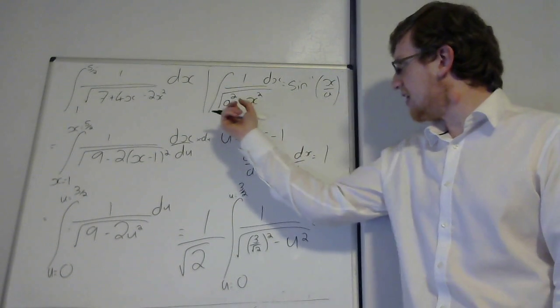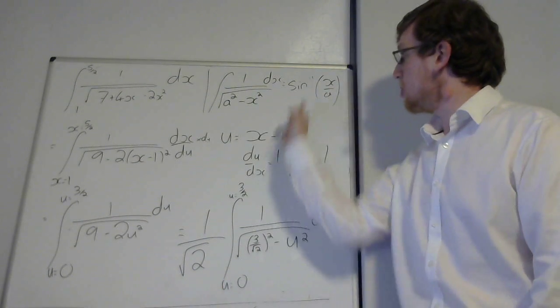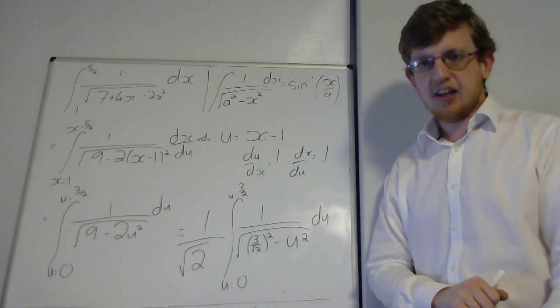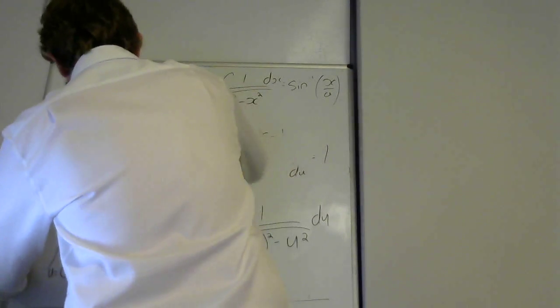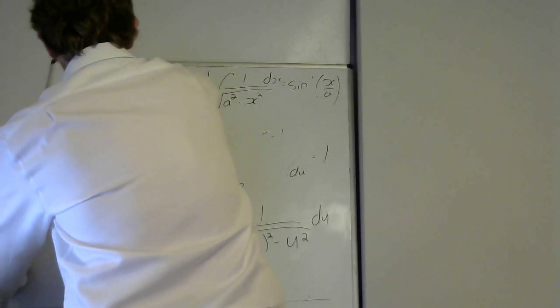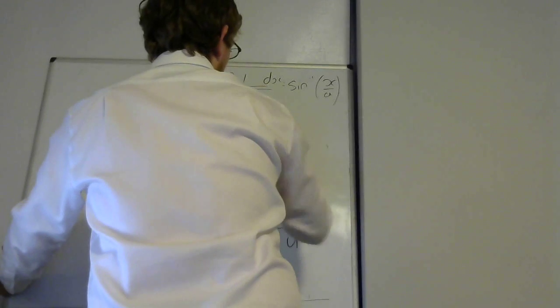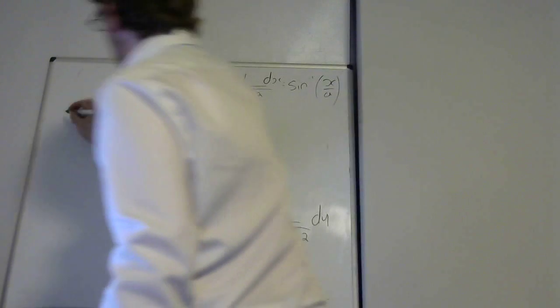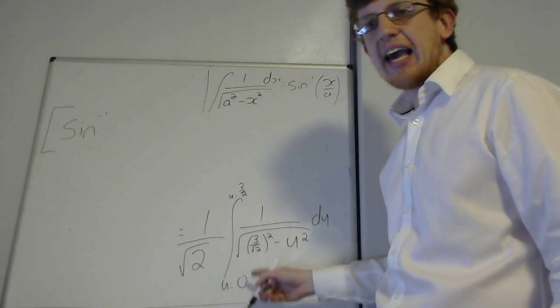And now we're happy to use that rule. It looks exactly like this. A is 3 over root 2, x is u, so we just whack those numbers in to sine minus 1 of x over a. So now I've integrated and I've got limits. I'm going to put that in square brackets. So sine minus 1 of u divided by a.